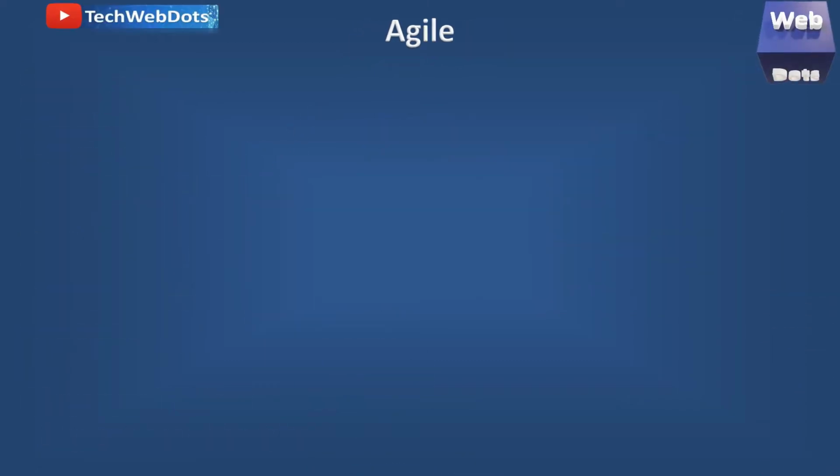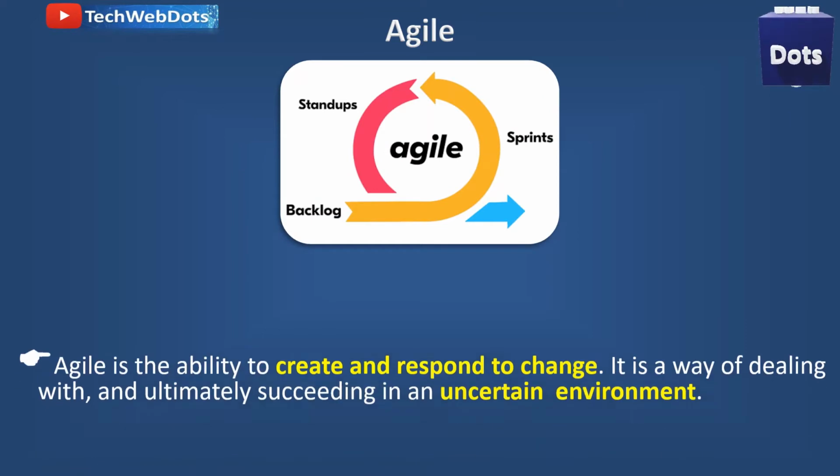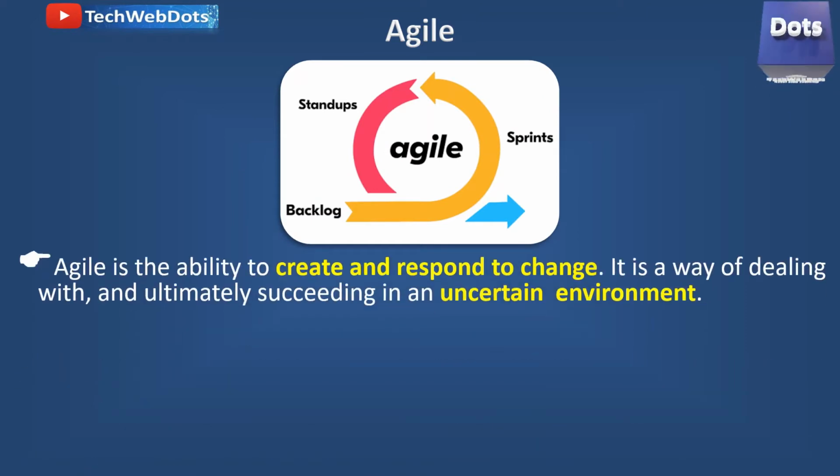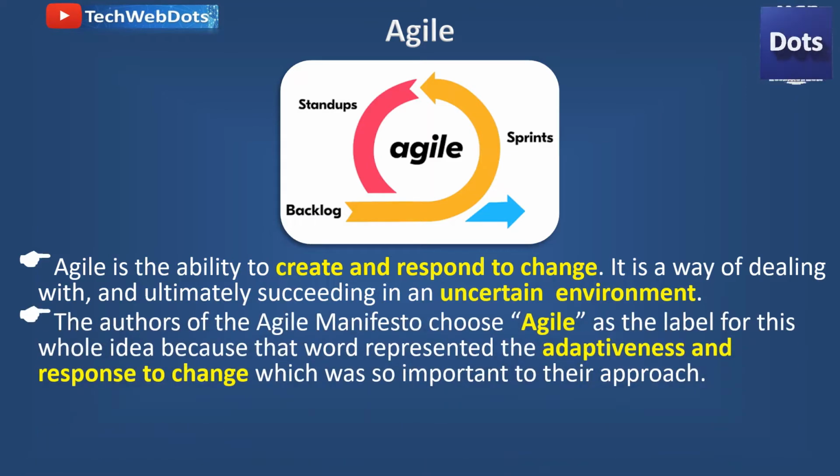If you are new to this session, let me give you very brief information about what Agile is. Agile is the ability to create and respond to change. It is a way of dealing with and ultimately succeeding in an uncertain environment. I say uncertain environment when we don't have any certainty. The authors of the Agile Manifesto chose Agile as a label for this whole idea because that word represented the adaptiveness and response to change, which was so important to their approach.